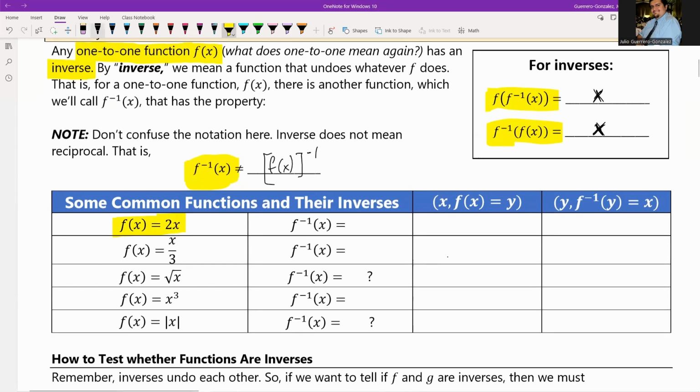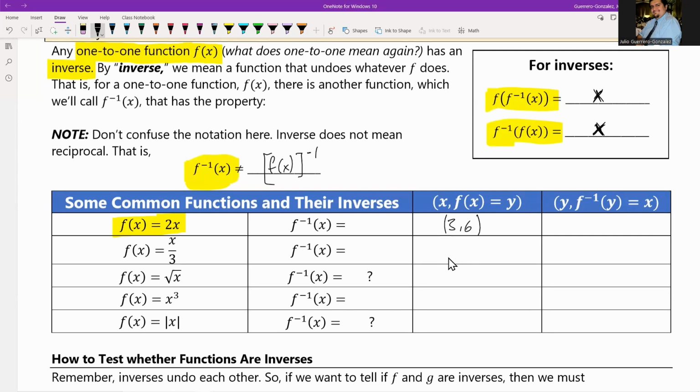Then if we plugged in 3 for x in f of x, the output is going to be 6. That's supposed to be our y value, correct? Write that in the middle. The function grabs my input, my x value, in this case 3, multiplies it by 2, and gives me 6.